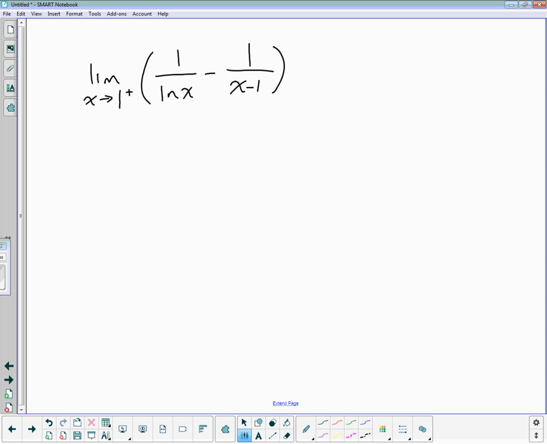What do you get? What's 1 over 0? Infinity. Infinity minus infinity, which is an indeterminate form. This is not one that we can use. So what must we do? We have to do a little manipulation, mush it all together, and try and get it into a single rational function. Right. So, common denominator.